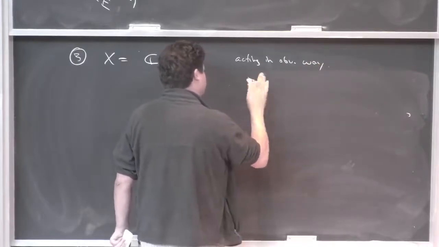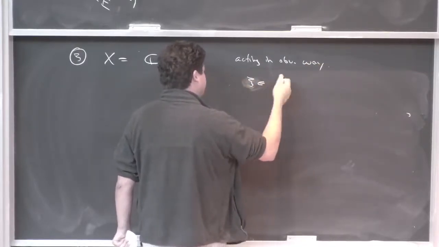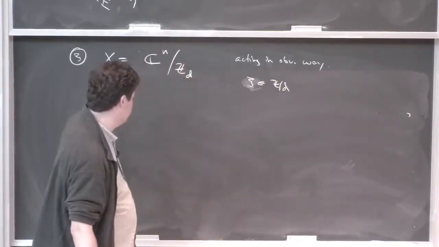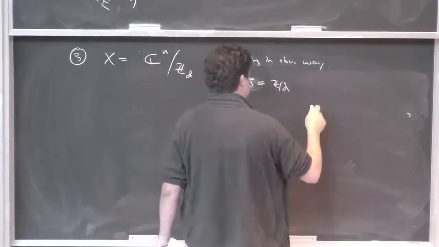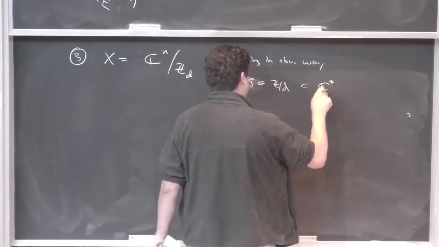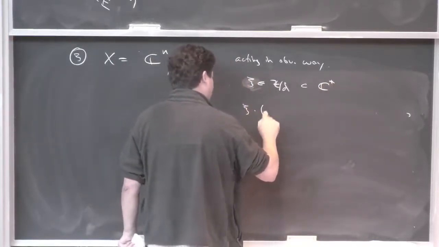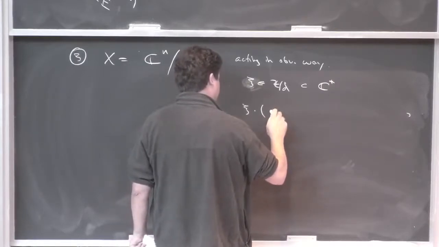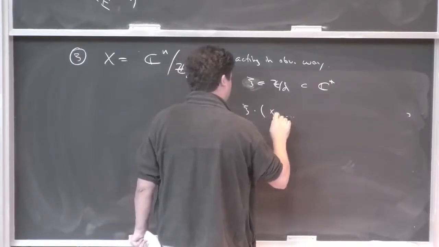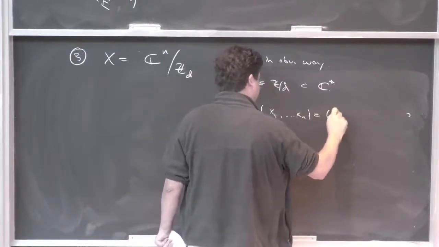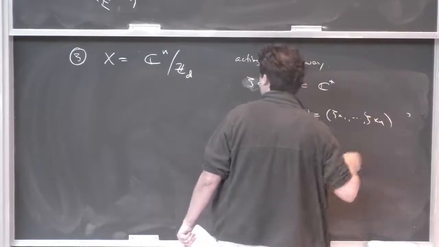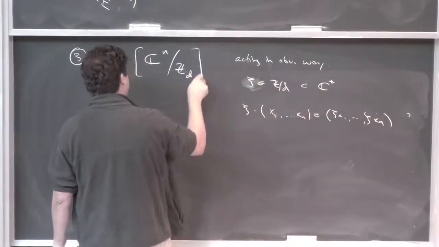Right, so if I have some c in Z_d, thought of as a root of unity, then c acting on (x_1, ..., x_n) is (cx_1, ..., cx_n). And I want to take the stack.